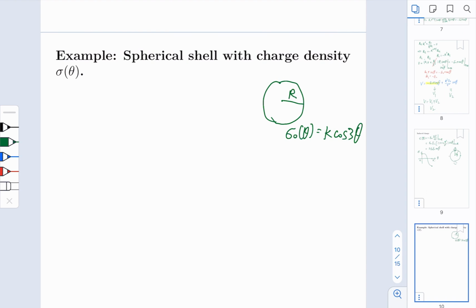So this problem is well defined, because once the charge density is given, then the E field should be given everywhere, and that's by definition the Poisson's equation. And right now we are not trying to use the Poisson's equation, but try to use Laplace equation to solve this problem.